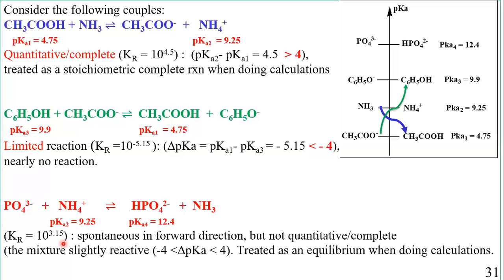Therefore, what do I have to do to get calculations of each of the species at equilibrium? I have to do an actual equilibrium calculation and get what X is and solve it. Remember, when the change in pKa is between -4 and 4, that means I have to do an equilibrium calculation. That's when I have to do an equilibrium to do any type of calculation.